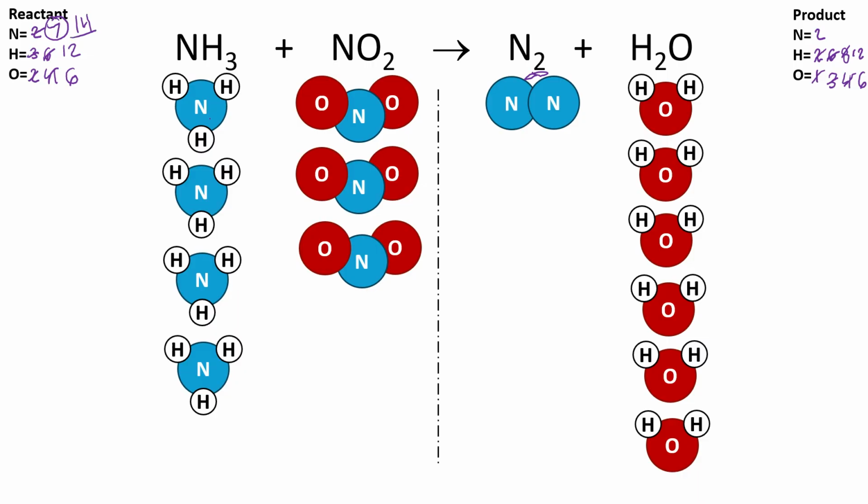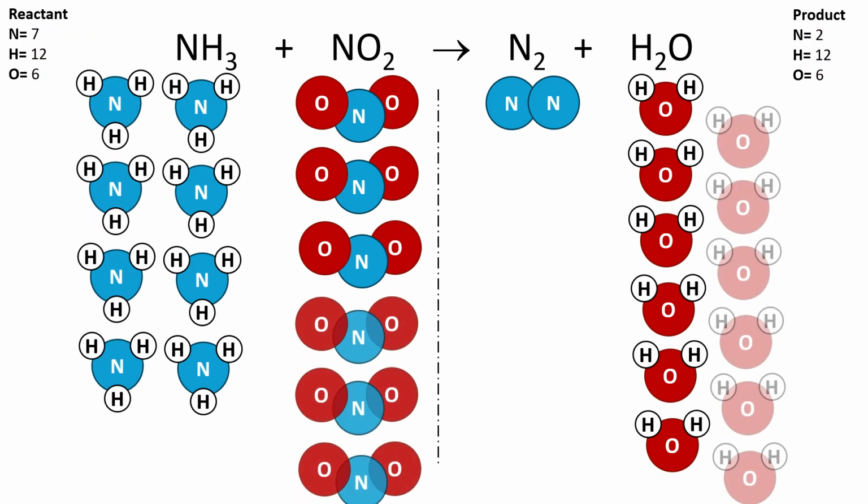Now the only way that I can do that is if I, you've guessed it, multiply everything here by 2, which means I need to multiply all of this by 2. So if I'm looking at it, I have this.